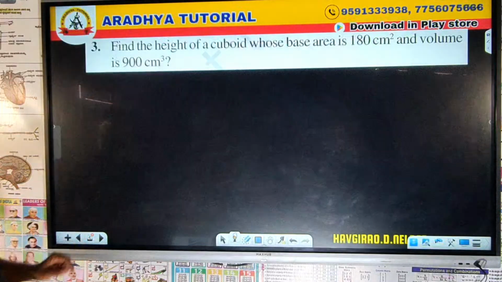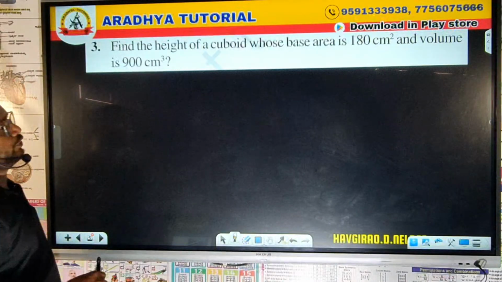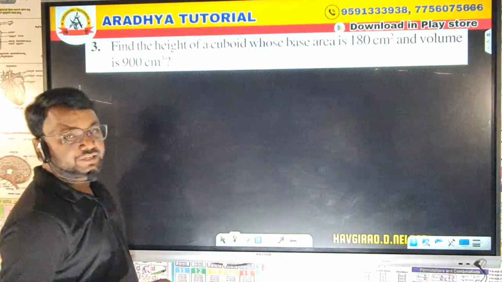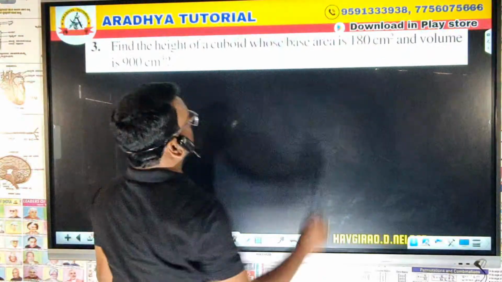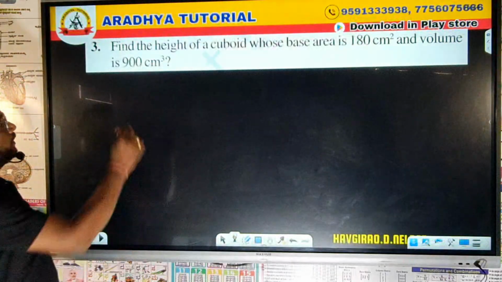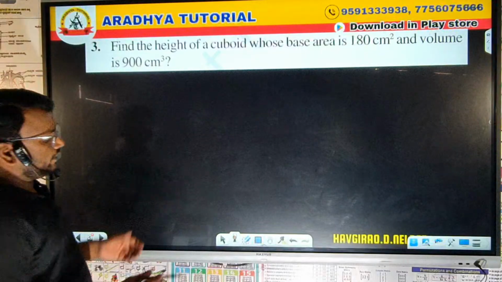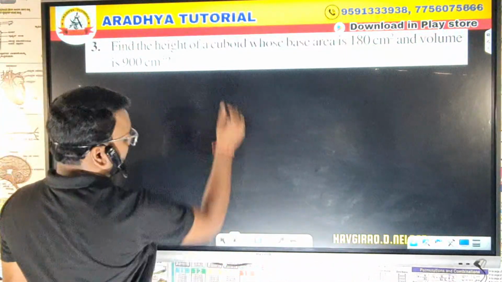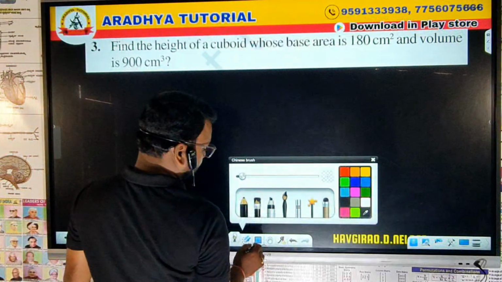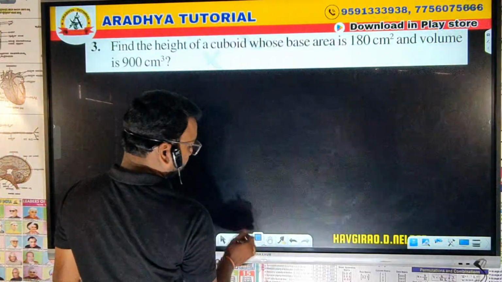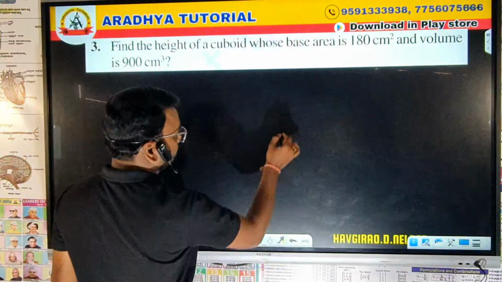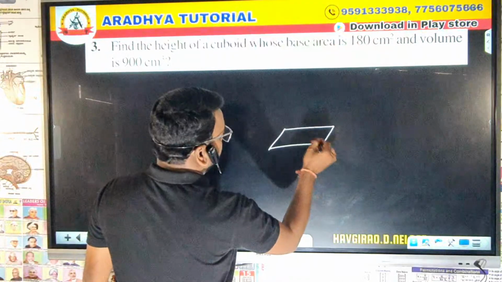Next, third question: find the height of the cuboid whose base area is 180 centimeter square and the volume is 900 centimeter cube. What is given here? One cuboid is there. In that cuboid, the base area is given.